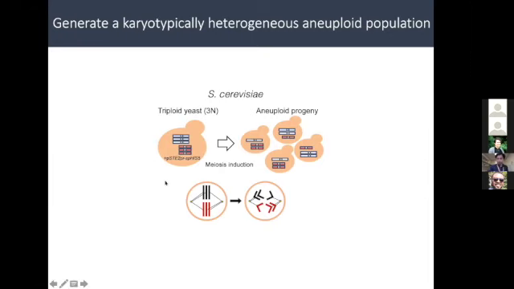When there is a 3N triploid mother and I induce meiosis, in meiosis I there will be a random segregation, which leads to aneuploid progenies. So I simply throw the cells into sporulation medium and wait for a couple of days. Then I can dissect thousands of aneuploid progenies to study.